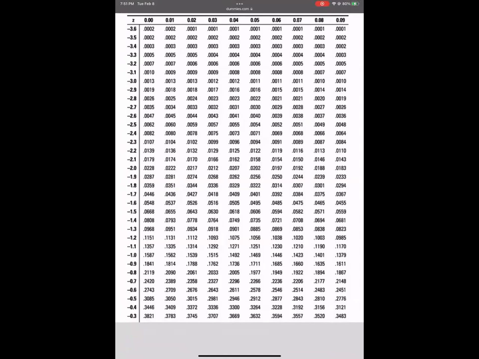Finding 25%. So the numbers get bigger as we go down. Oh, there it is. Well, not exactly, but those two numbers are fairly close, about halfway in between them. So what are their z-scores? Negative 0.67, negative 0.68, and let's do negative 0.675.